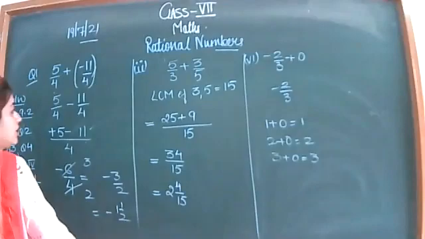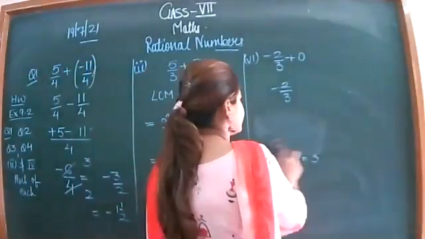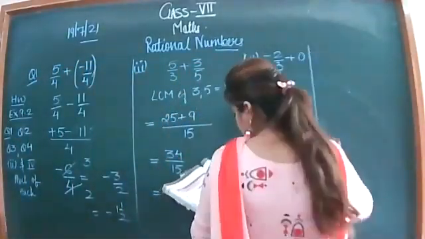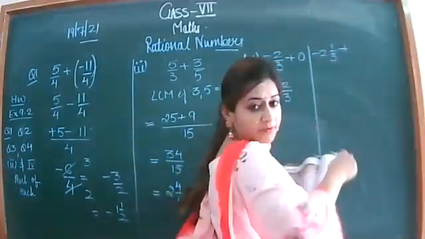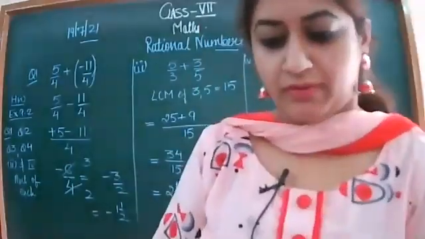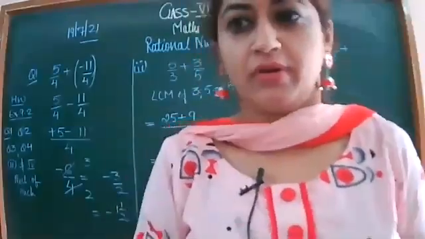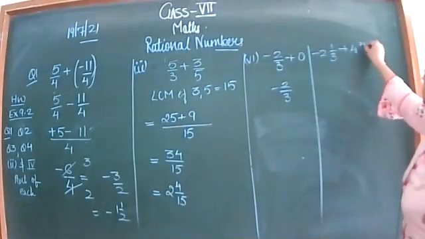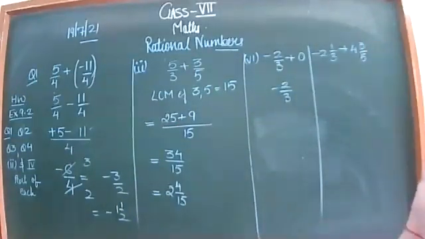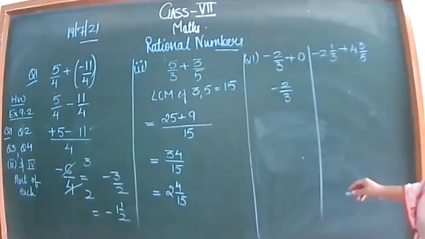Next part is in mixed fraction form that we are doing, that is minus 2 1 by 3 plus 4 3 by 5. Okay, now add them.